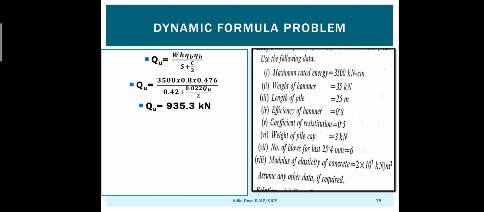So we have QU on the left side and QU on the right side. When you resolve it, you'll get QU is equal to 935.3 kilonewton. Now what is the allowable load? Divide by the factor of safety. For Hiley's formula, we use the factor of safety 4. So you'll get 233.8 kilonewton.